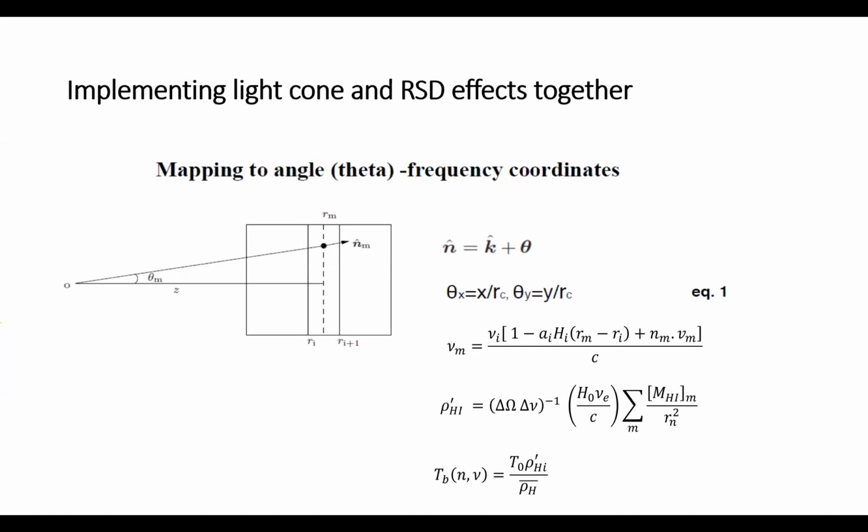Thanks. Ananda, I had a related question. Yes. So when you are converting the particles at each slice to theta x and theta y, with the time evolution it may happen that a particle that you have considered at the ith slice may come to the (i-1)th slice in the next redshift.